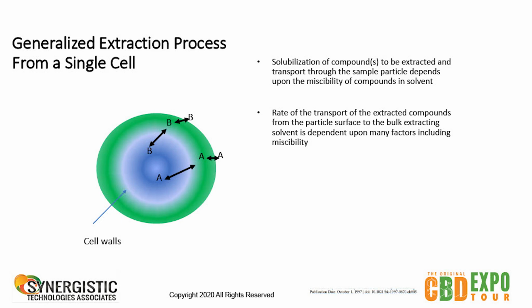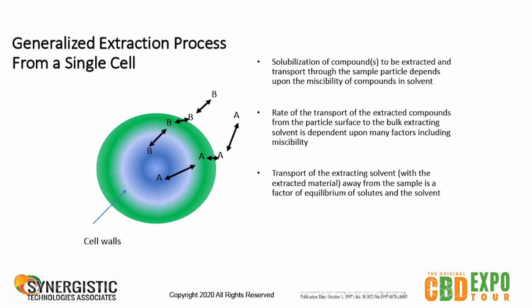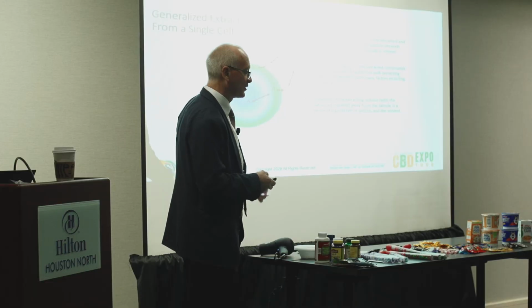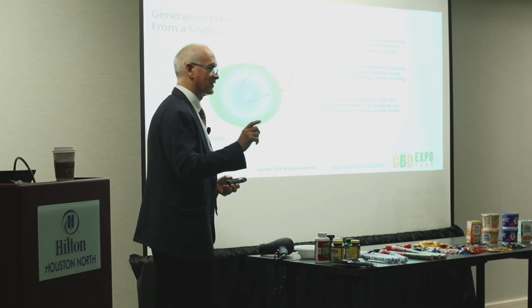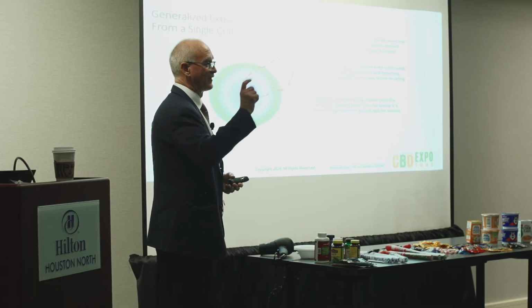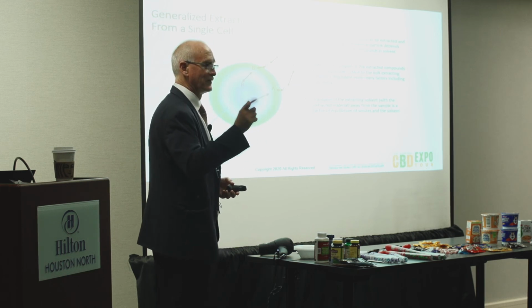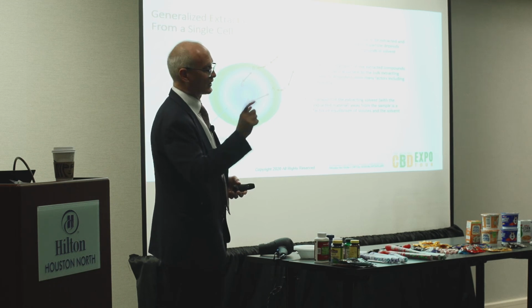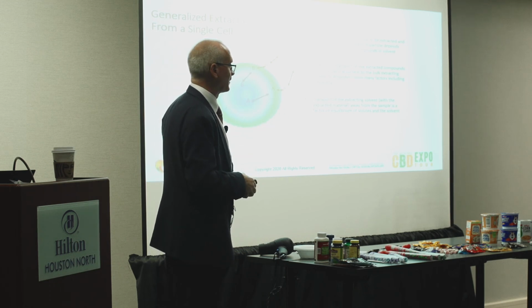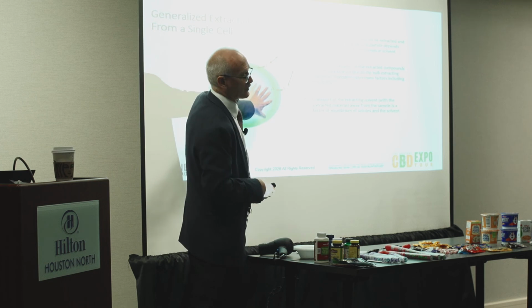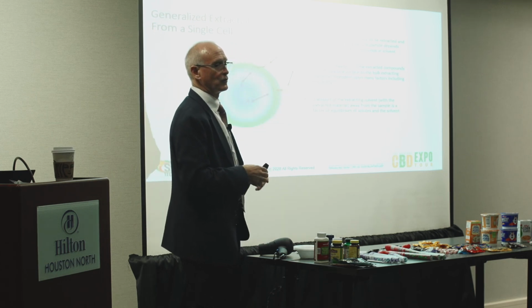The solvent goes through the cell wall, grabs these, comes back out to the surface, and from the surface it's swept into the solvent. So when you take a hemp flower and put chloroform, hexane or ethanol in it, for example, and shake it up, that's what it's actually doing. It's pulling the material out of each cell, and that's how you're doing a sample prep.